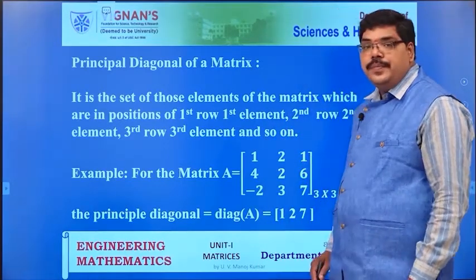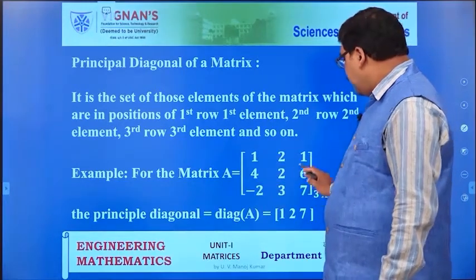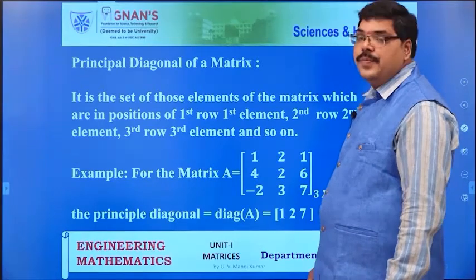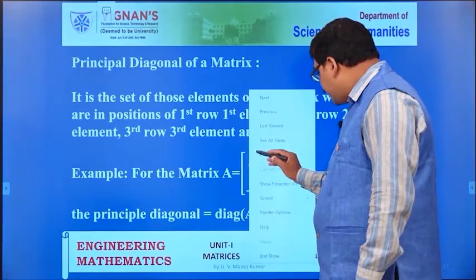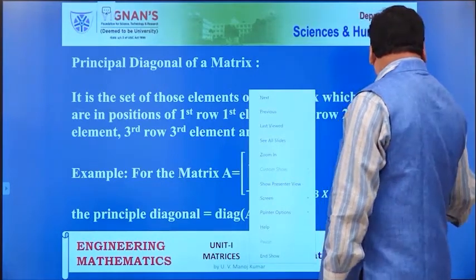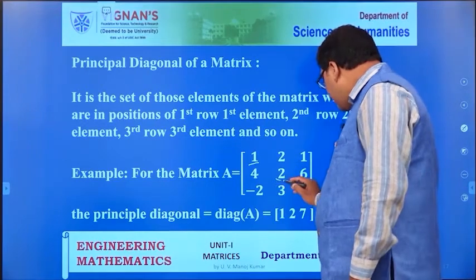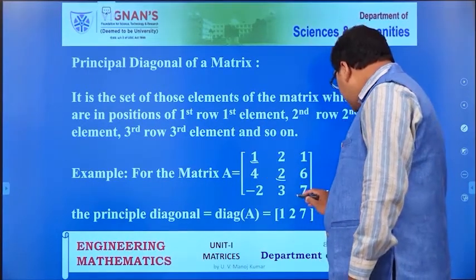For example, if you see here, this is a 3 by 3 matrix and in this, first row first position, second row second position, and third row third position.